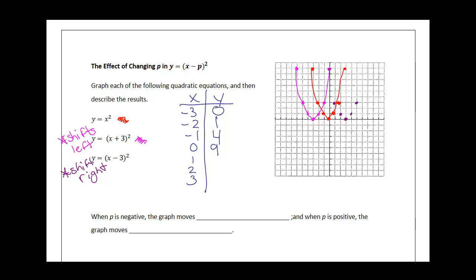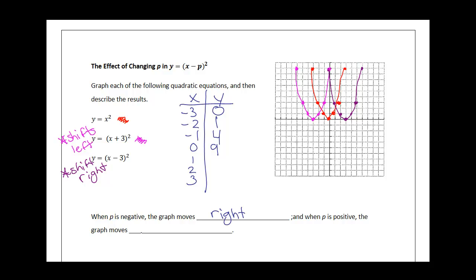We'll get our graph like this. There are our 3 quadratic functions there. All the same, just shifted in different directions. Hence, in our notes here, we can say when p is negative, the graph moves right.